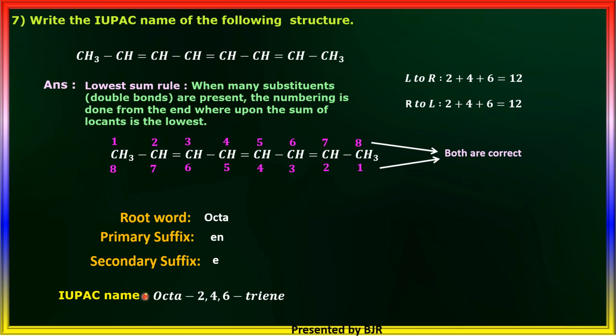So octa is the root word, 2, 4, 6 are the numbers, tri is the numerical designation, en is the primary suffix, and the last e is the secondary suffix. Okay. Thank you.